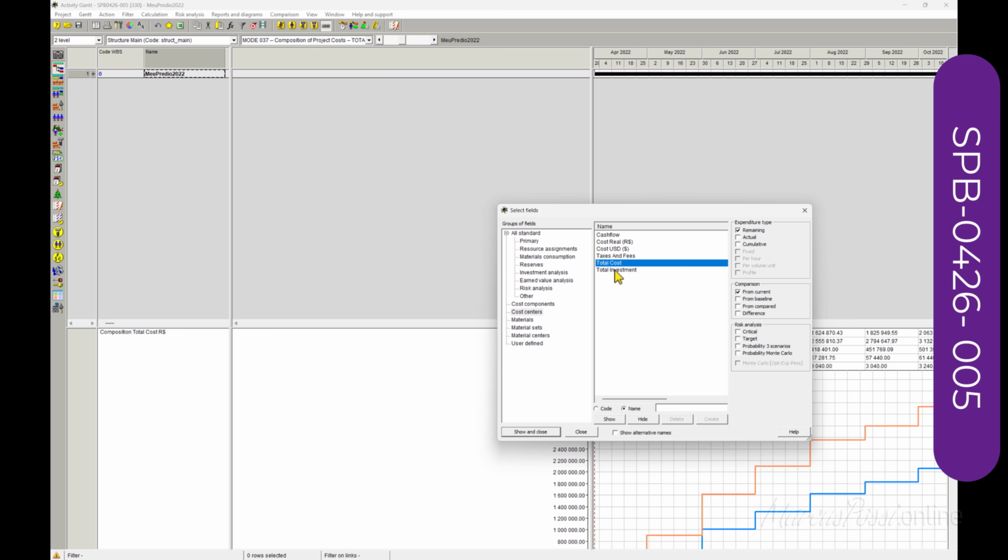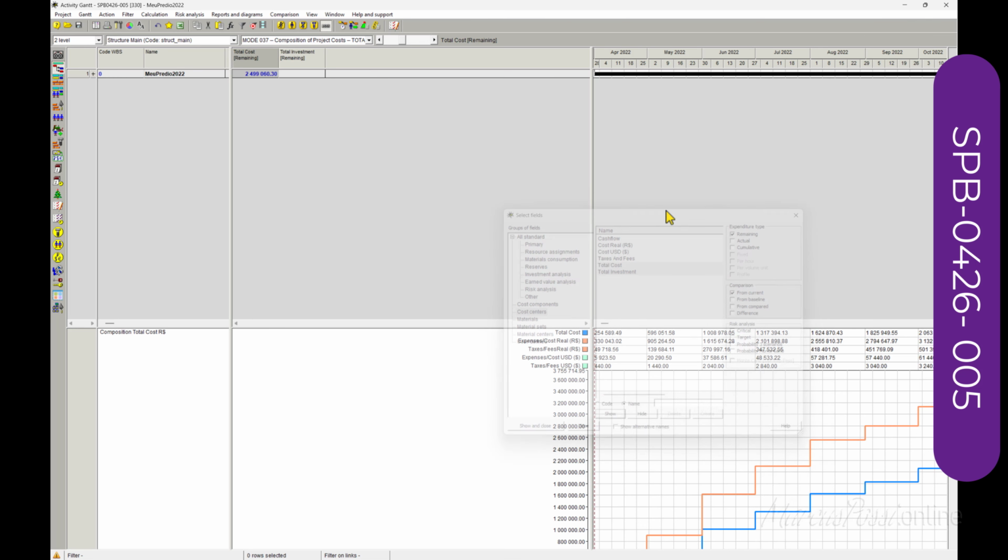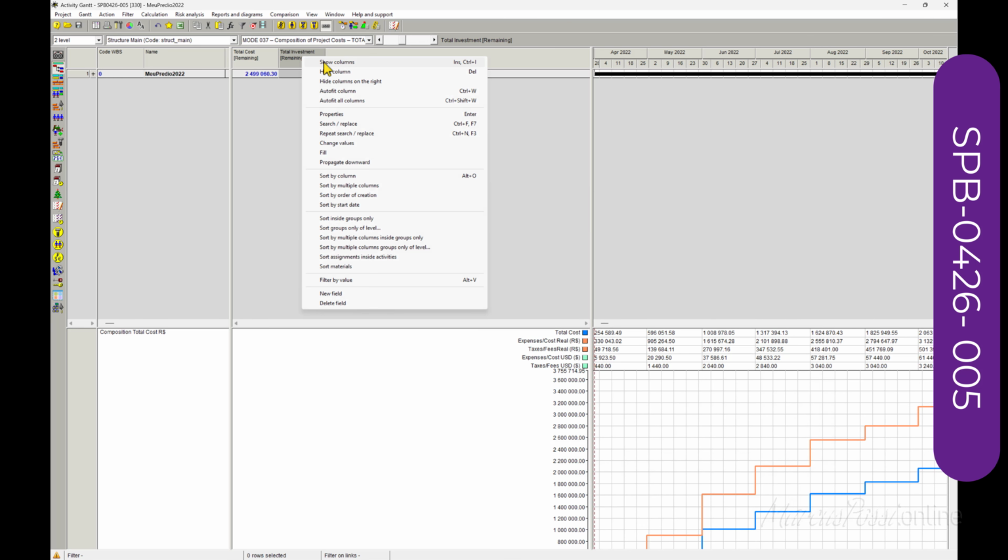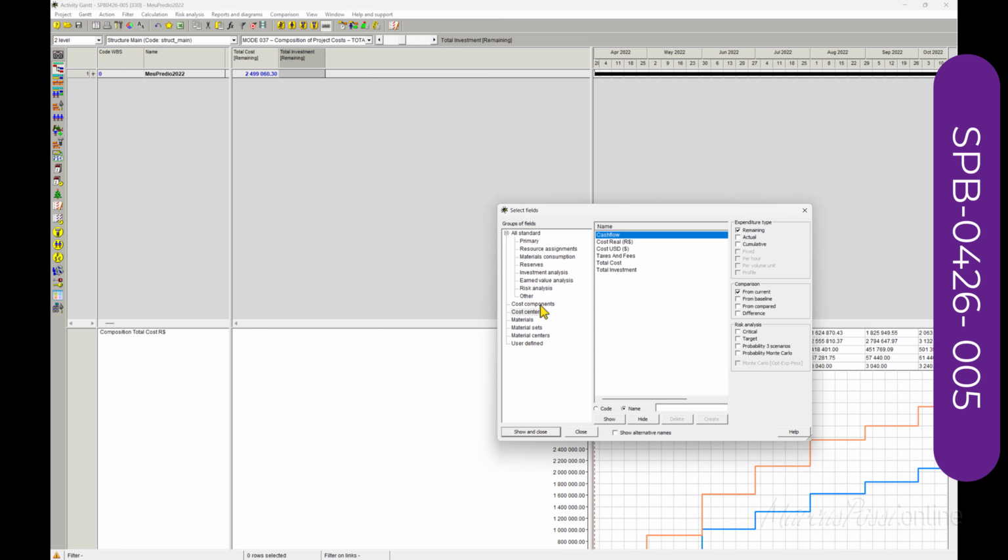There is no total investment, but we can show it here. Cost centers. Totalize fields of the components, total costs. Okay, total cost has its own components. Total cost is expressed by costs, tax, costs in real, fees in reals, tax and fees in dollars, and expenses in dollars.